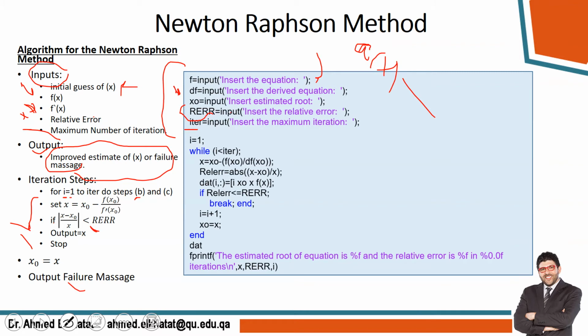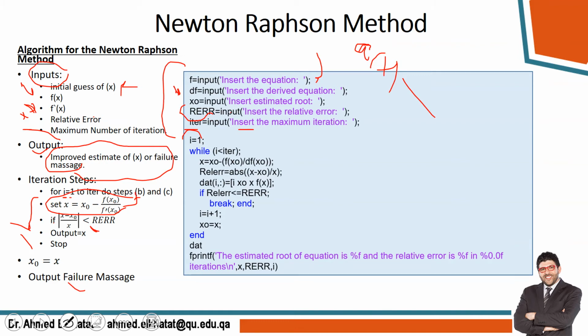Now let's start. We put these things outside, so now we have I equal 1, and while I is less than the iteration, do the following. That means the loop will stop if I becomes equal to the number of iterations you use. Then we apply this equation: x equals x naught, the initial guess, minus f of x naught over df of x naught.